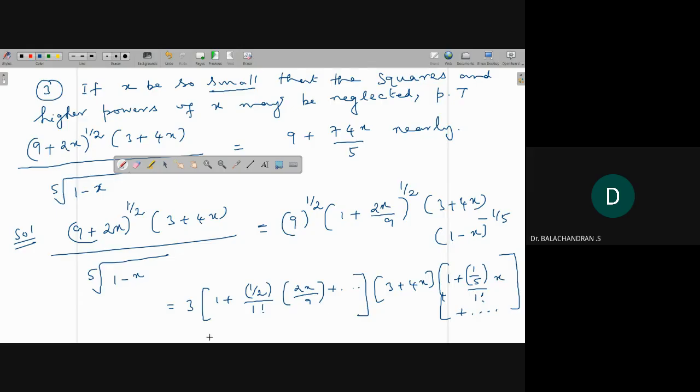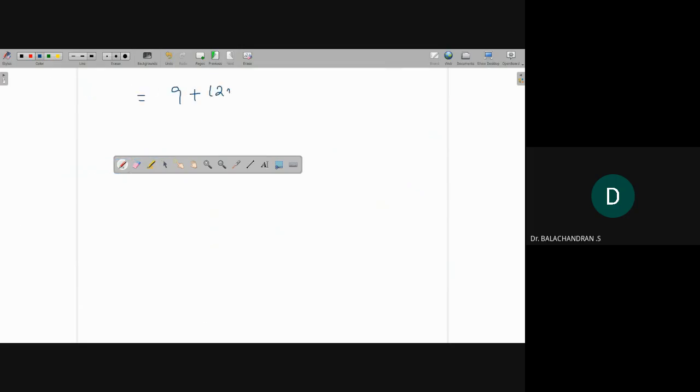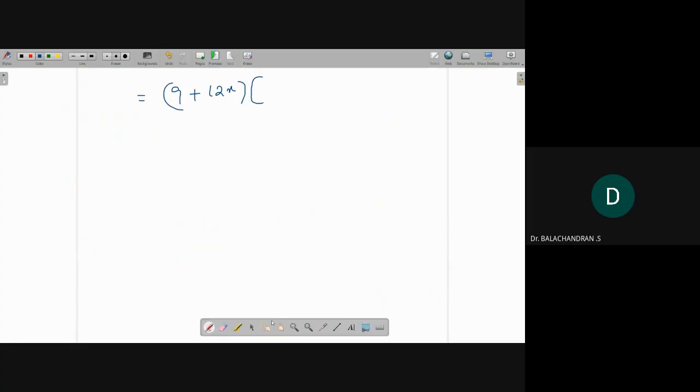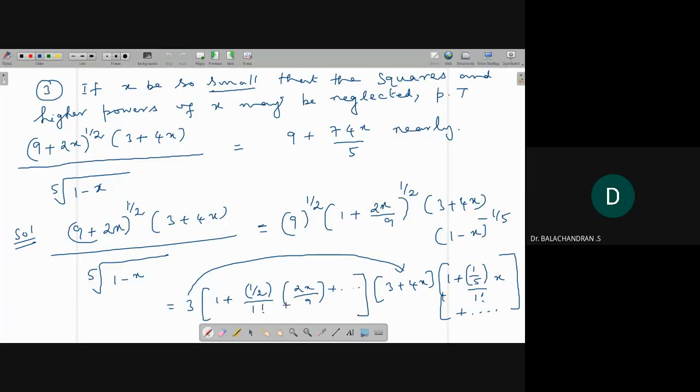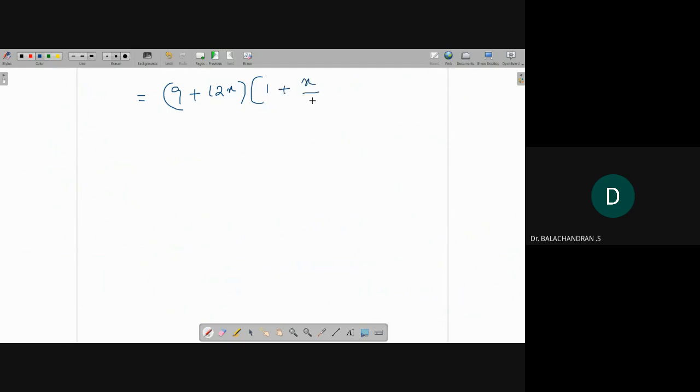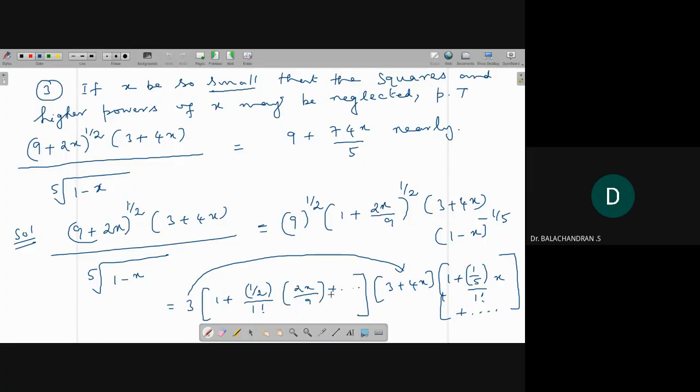Now I need to simplify this expression. So I'm going to multiply these two expressions first. 3 into 3 plus 4x, that is 9 plus 12x, into the product of the two expansions: 1 into 1 is 1, then 1 into the next term, x by 5, plus x by 9, since the 2 gets cancelled.